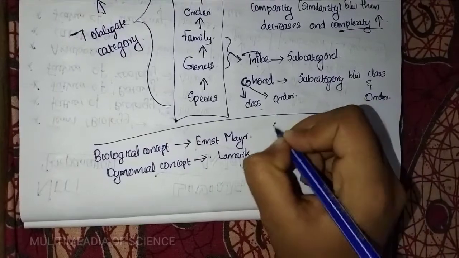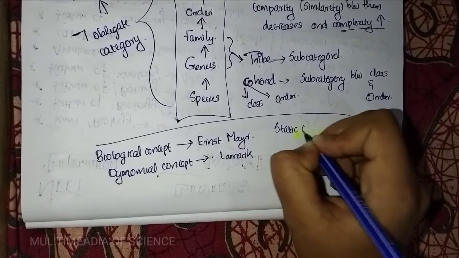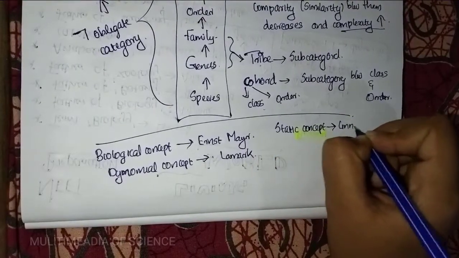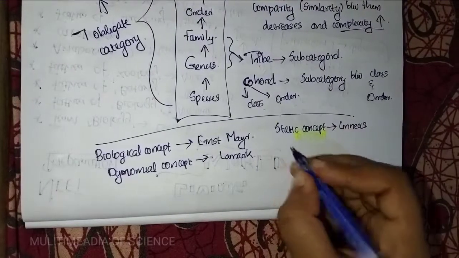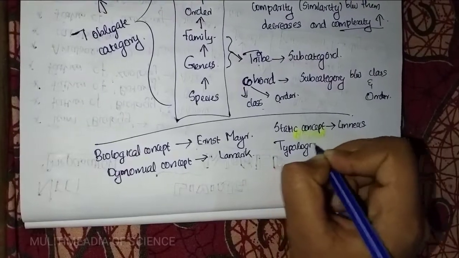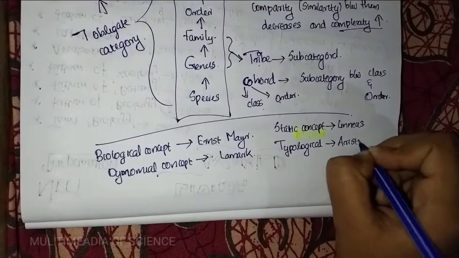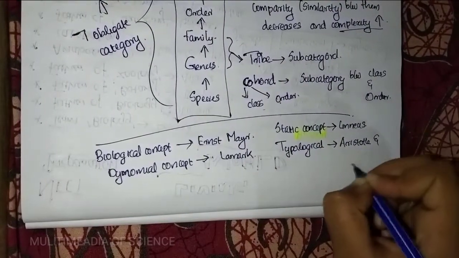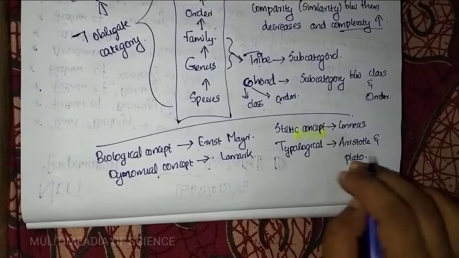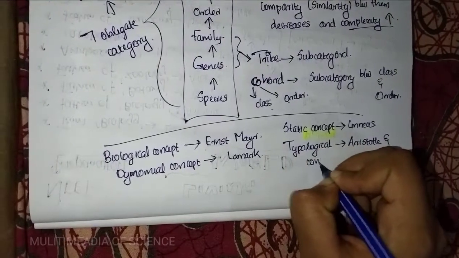Next is static, which means constant, non-changeable. The static concept was given by Linnaeus. Last and final, the typological concept. It is by Aristotle and Plato.